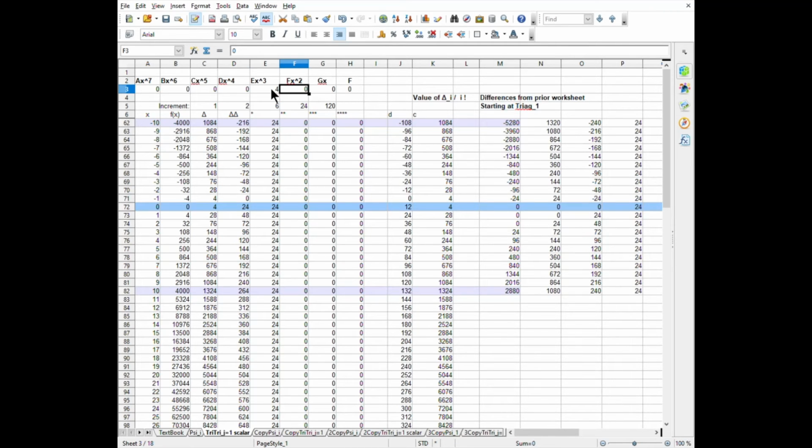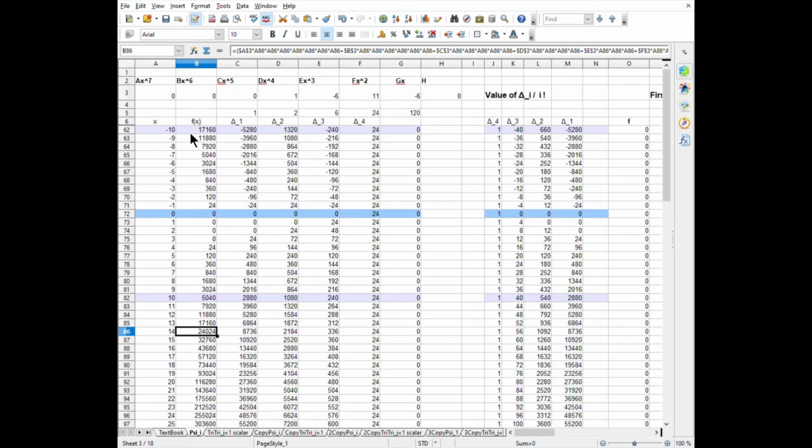Likewise, the second degree term is fitted with minus 12 as the scalar. Finally, the linear term is fitted with 8 as the scalar. Thus, 4x to the third minus 12x squared plus 8x is P describing triangle 1 of P equals x to the fourth minus 6x to the third plus 11x squared minus 6x.